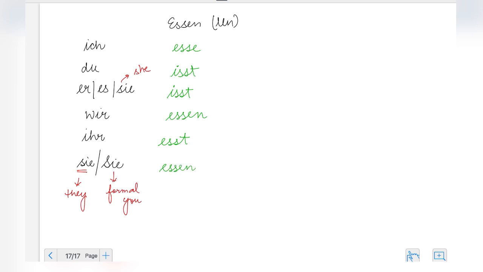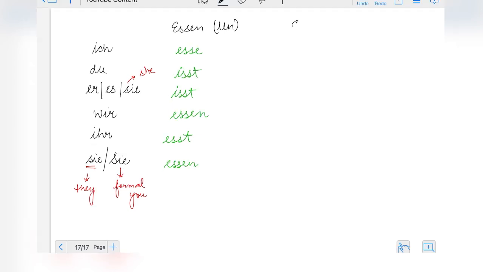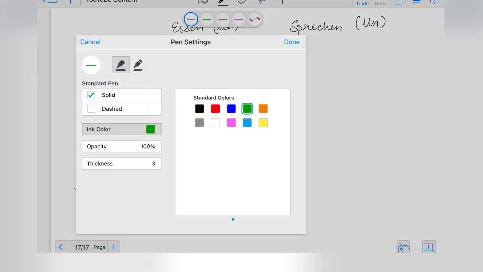So here you can see that the form is changed. Like instead of writing est, we are using i. Easy, right? Let's discuss the another verb sprechen, which is again an irregular verb, unregelmäßige Verben. So we will discuss its conjugation also.